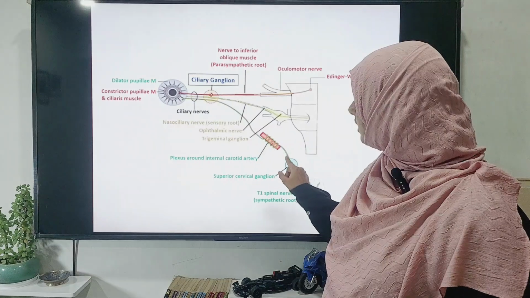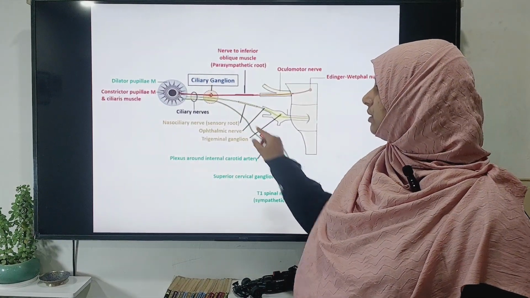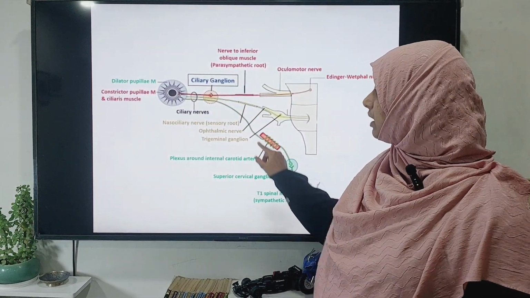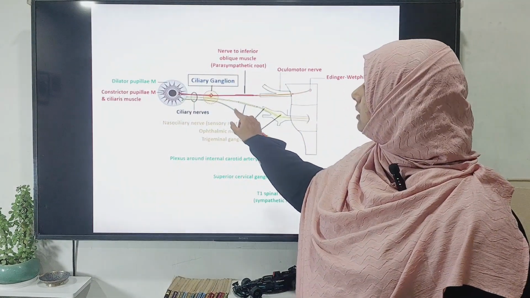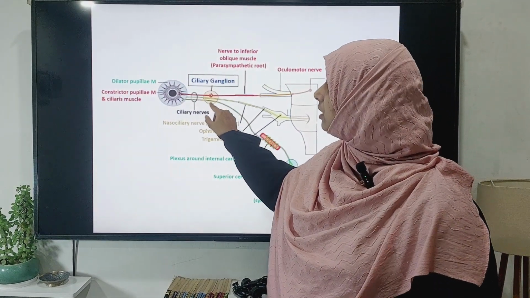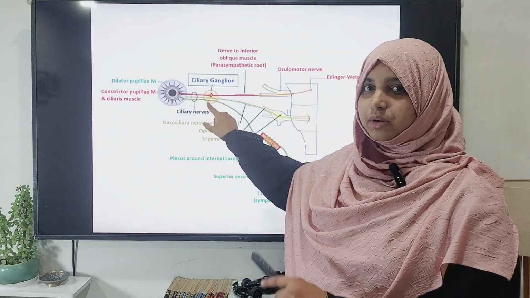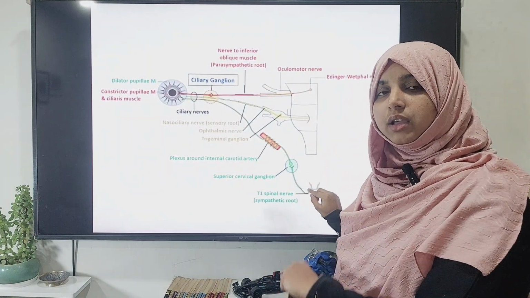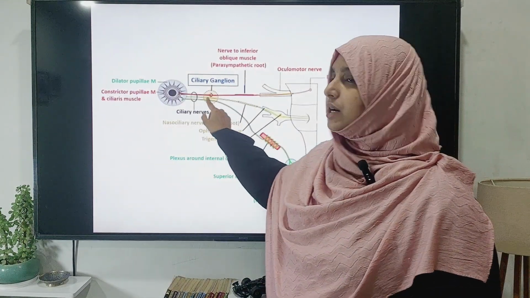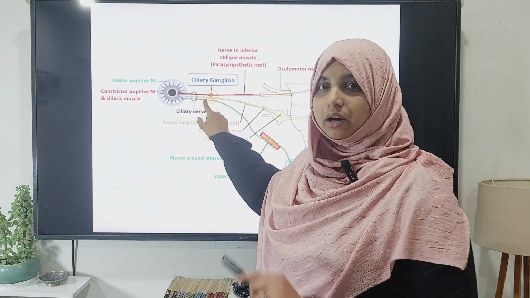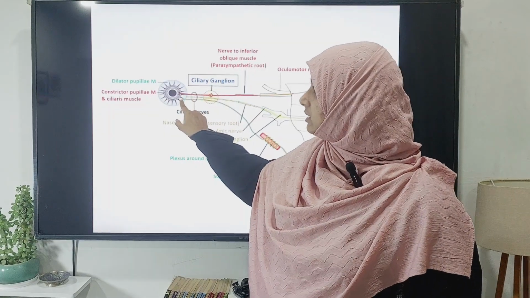From here again it is going to take another bus, and it is going to travel around the internal carotid artery, and then travel without any relay in the ciliary ganglion, because it has already relayed in the superior cervical ganglion. So it's going to pass through the ciliary ganglion without any relay and ultimately reach the destination.